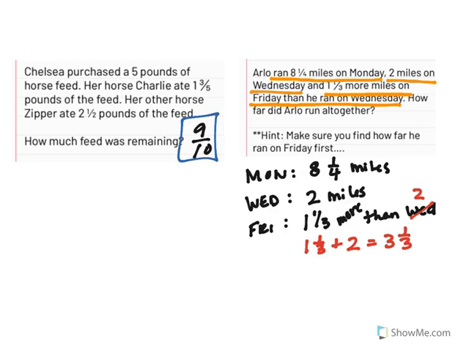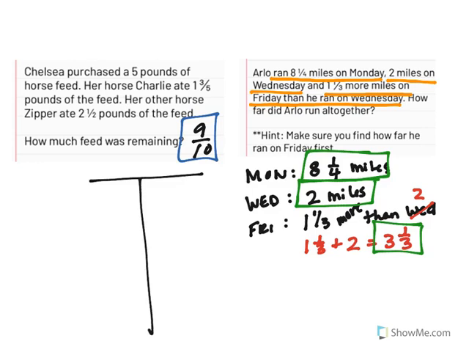Now, I want to know how far Arlo ran altogether. So I have to combine the Monday distance plus the Wednesday distance plus the distance we found for Friday. We found out that on Friday he ran 3 1/3 miles because it was 1 1/3 more than the amount he ran on Wednesday. So we're going to add up these three amounts together.